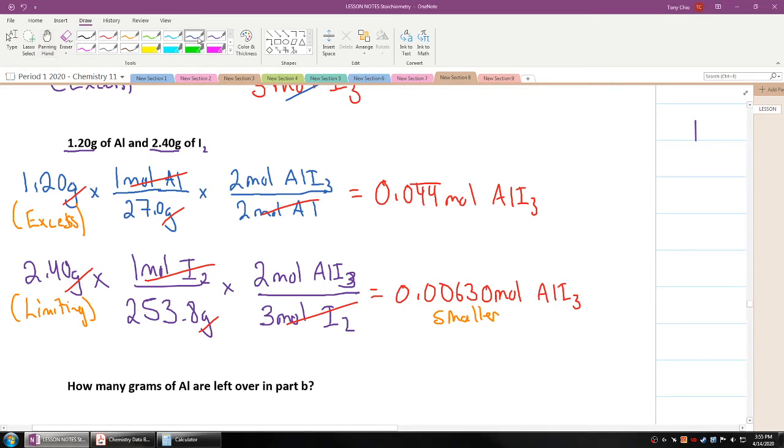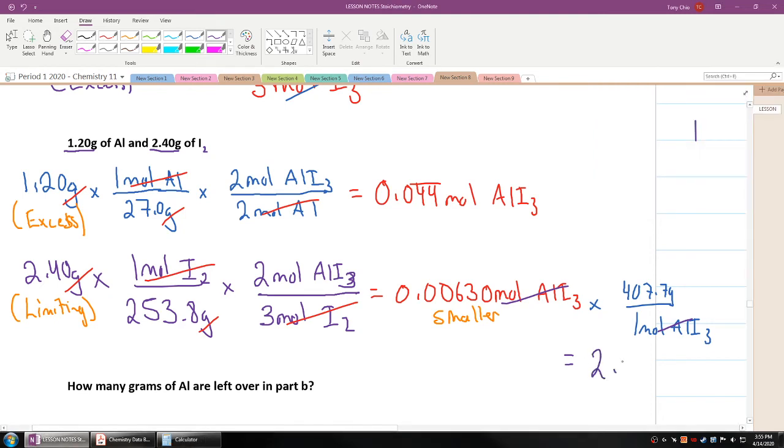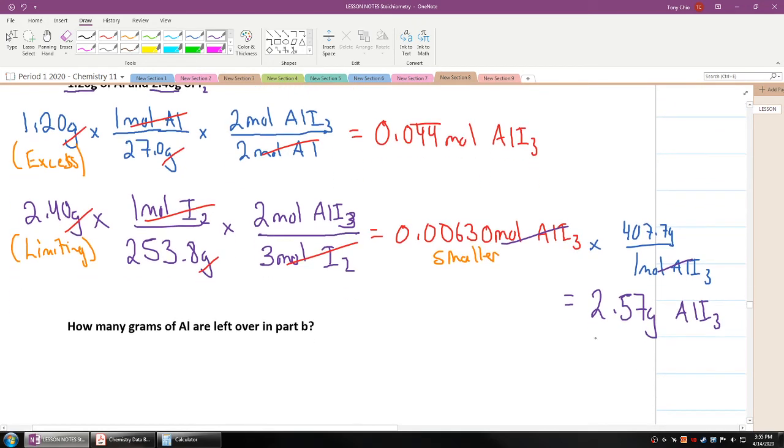So again, I'm going to multiply these moles by 407.7 grams over 1 mole of aluminum iodide. And you're going to theoretically get 2.57 grams of aluminum iodide formed. And this is again your theoretical yield.